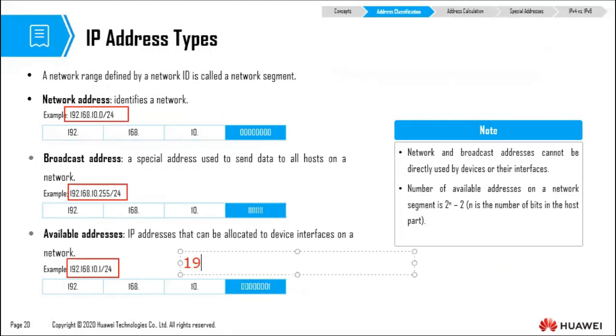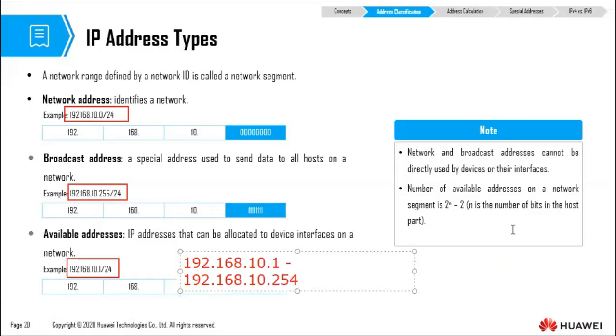The available addresses in this one are 192.168.10.1 all the way to the broadcast minus 1. So we can issue all the way from .1 to 192.168.10.254.